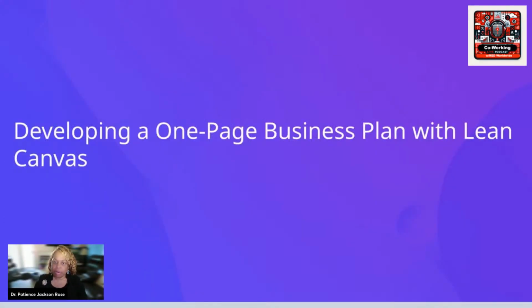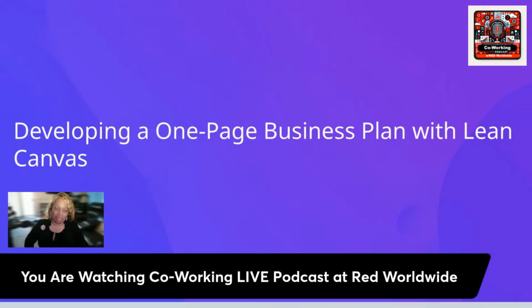So, today we're going to be looking more at how we develop a one-page business plan with Lean Canvas. Some of you are familiar with the one-page business plan from utilizing the Business Model Canvas, which is very similar to the Lean Canvas. Some of you who were on a hands-on session with us earlier this year in January, we talked about using a Smart Start canvas, which is also a variation of the Business Model Canvas.